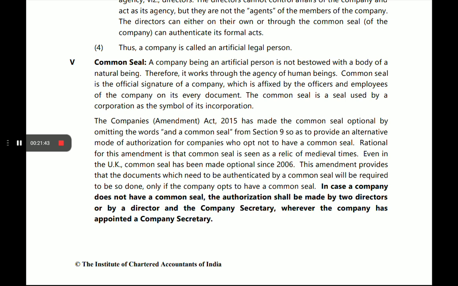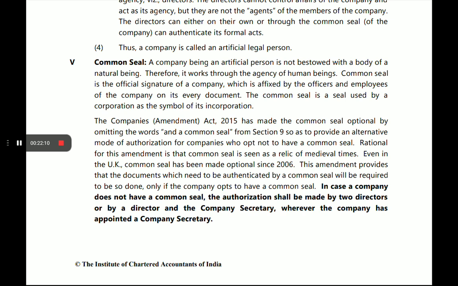The rationale for this amendment is that the common seal is seen as a relic of medieval times. Even in the UK, the common seal has been made optional since 2006.